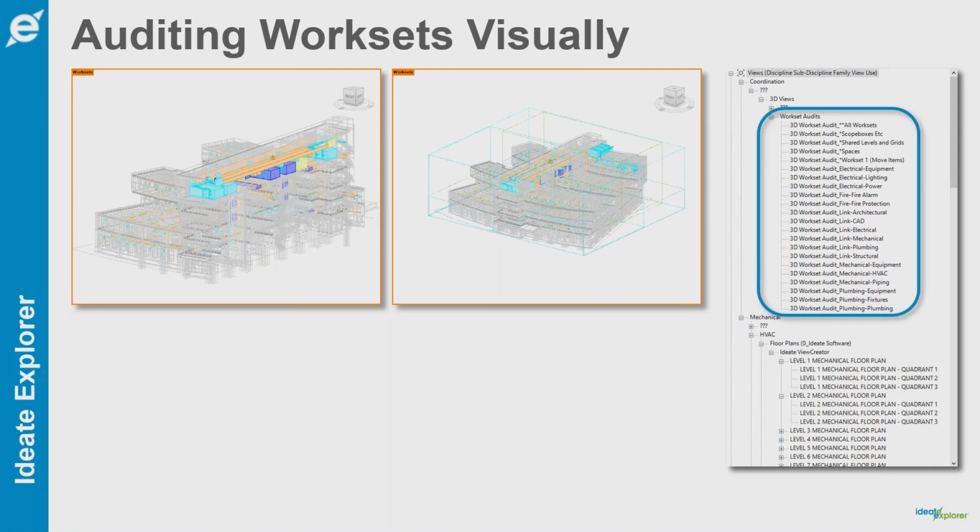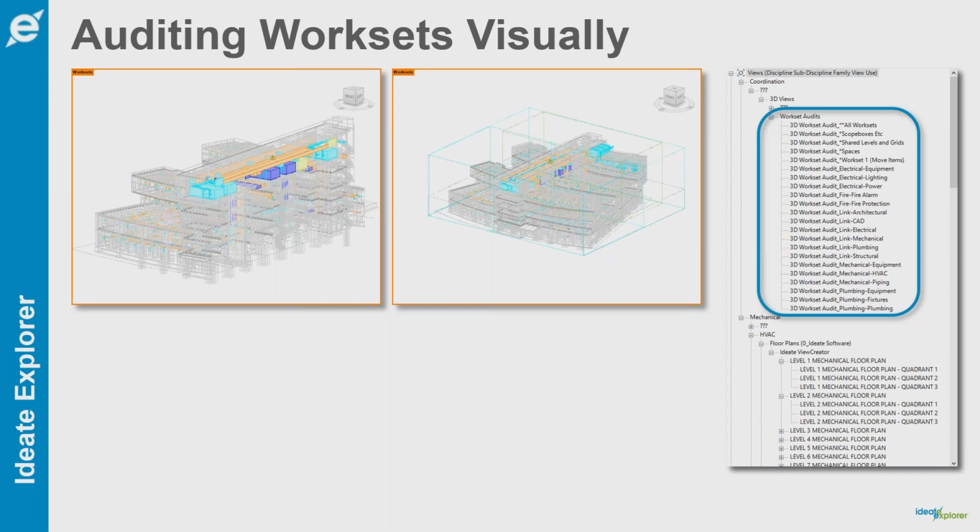Okay, so before I get into the Revit demonstration, I'm actually going to show this to you live in the Revit session here. What are some of the ways in which we could audit our worksets, even just from a visual standpoint, not even using any sort of products like Ideate Explorer? One of the ways that you could certainly do this is visually, right?